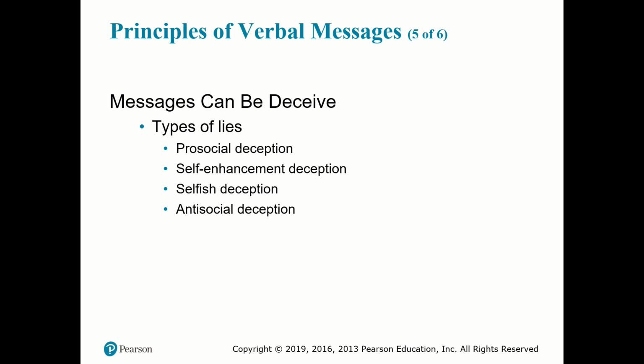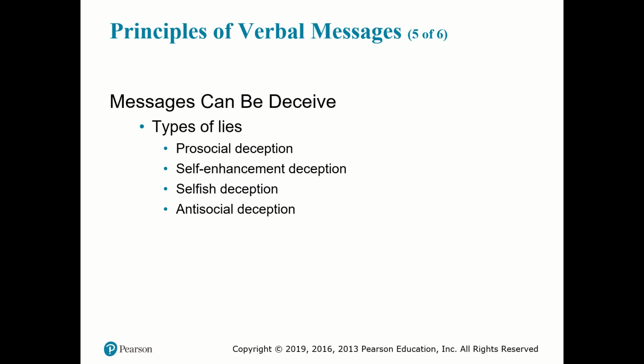It requires reception by another person, and it must be intentional. So the author of your text says that you can't lie accidentally. If you don't know any better and you share false information because you just didn't know, that may make you ignorant, but it does not make you deceptive.